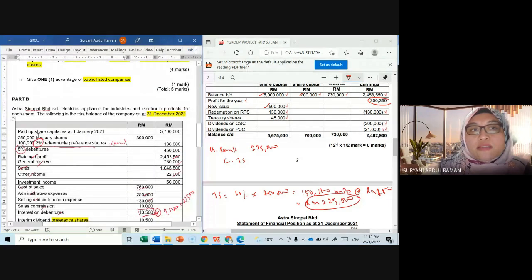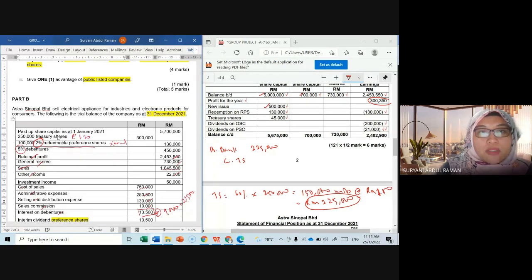Okay, treasury shares. Berapa harga dia ni? Berapa harga per unit sebenarnya? Asal dia. Carrying value dia berapa? 300,000 bahagi 250,000. Berapa harga dia yang sebenar? RM1.20, betul tak? Betul, madam. Am I right?